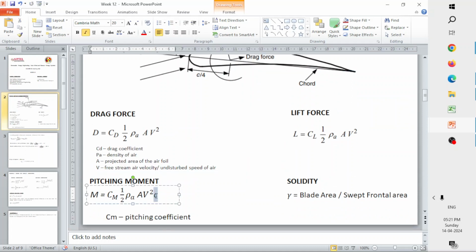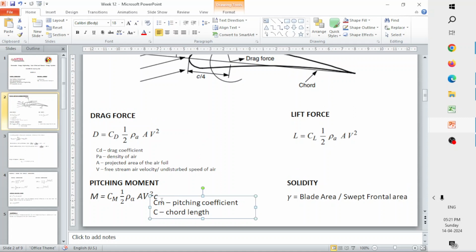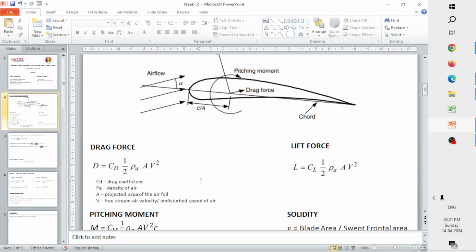Here you have an additional term C. C is the chord length of that particular airfoil. So these are the three different parameters.